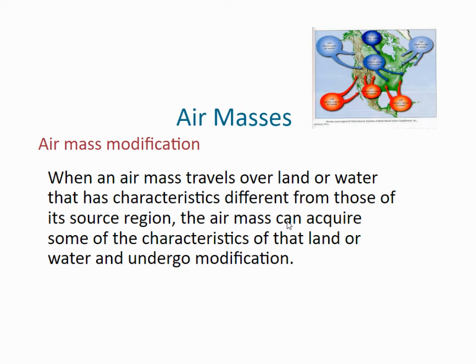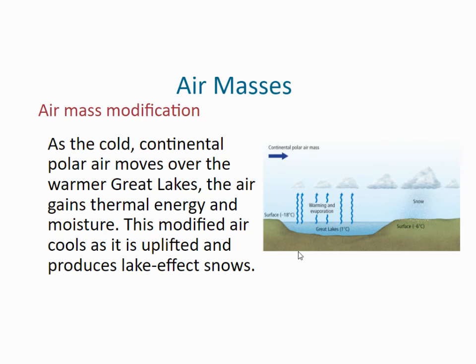Air mass modification: when air travels over land or water for a long enough time, that is the source region, it can acquire the characteristics depending on how long it stays over the next thing. So let's say a maritime tropical is coming from the Pacific, it goes over the desert, and it stays there long enough that it can turn into a continental tropical instead of a maritime tropical. So it could just create that hot air instead of the liquid that it brings in.